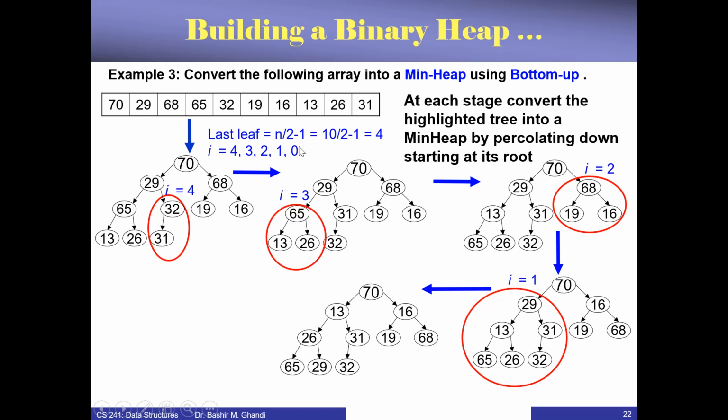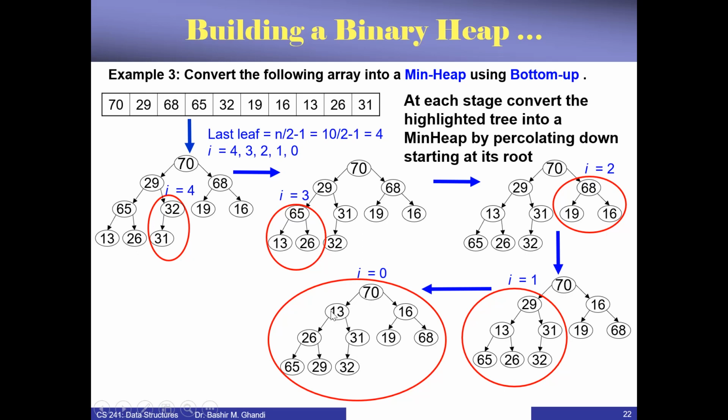Finally, we go to index 0, which is the entire tree itself. i equal to 0 means you have to look at the whole tree, but concentrating only on 70. Calculate the 70 down. So 70 against 13 and 16. 13 is smaller, so it will swap with 13. 13 will go up, 70 will come here.